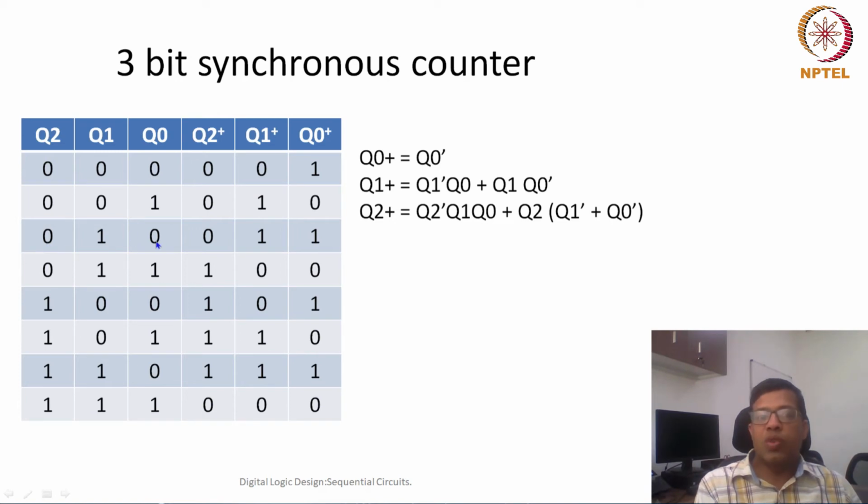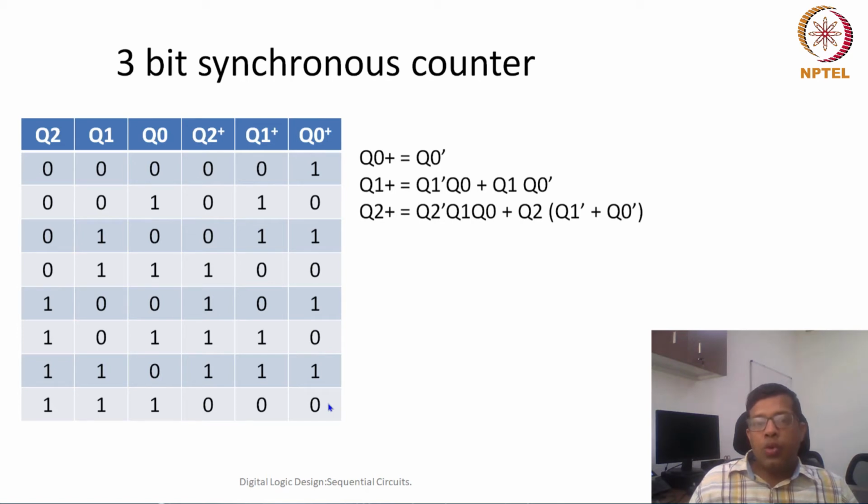If the present state is 010, the next state should become 011, and then 100, 101, 110, 111, and after 111, it should again go back to 000, because it's a 3-bit counter. So after 7, it has to come back to 0.